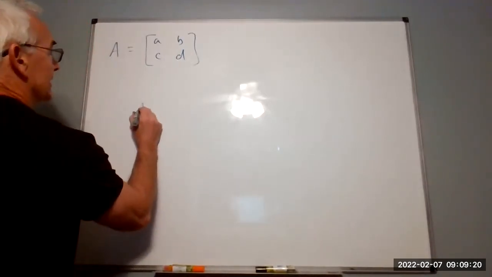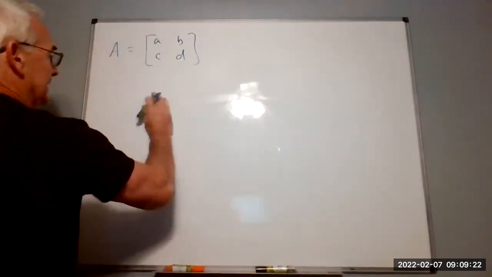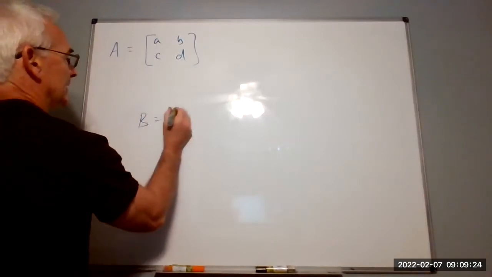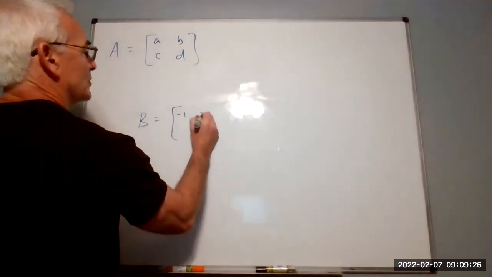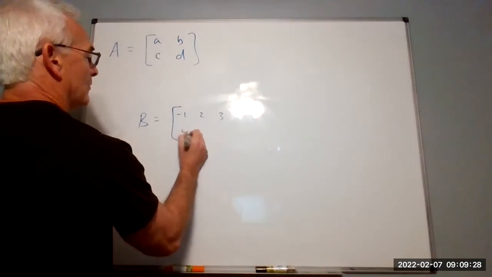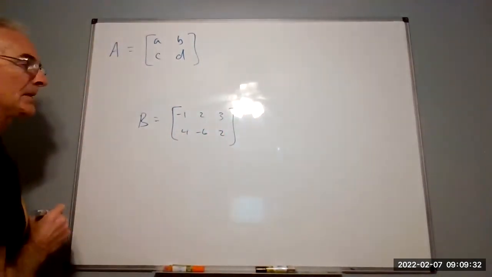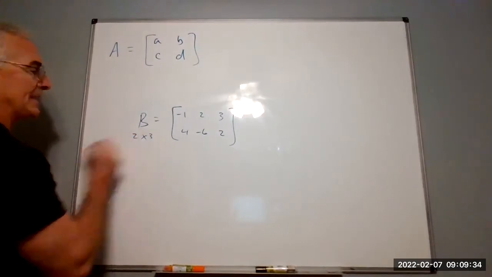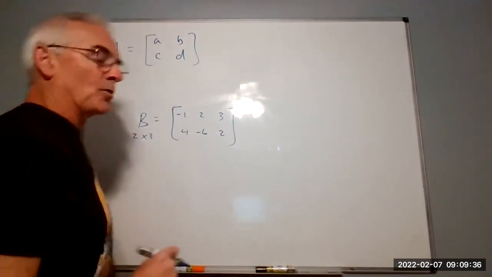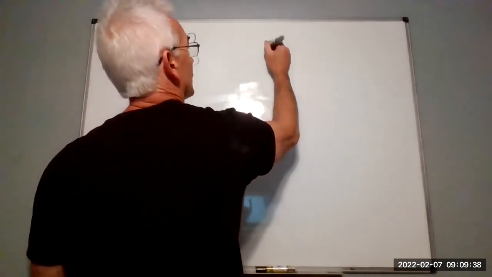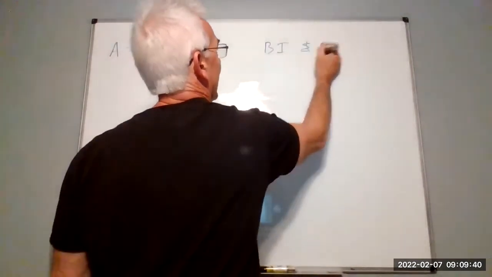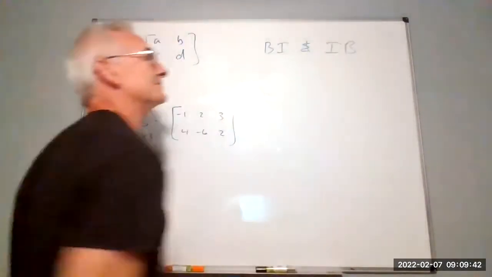Let's say matrix B is [-1, 2, 3; 4, -6, 2]. This is a 2x3 matrix. I want to perform the following two multiplications. I want to find BI and IB.